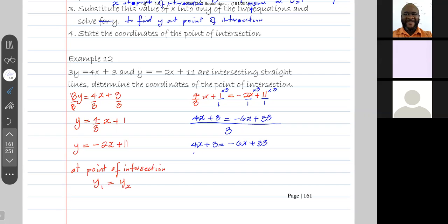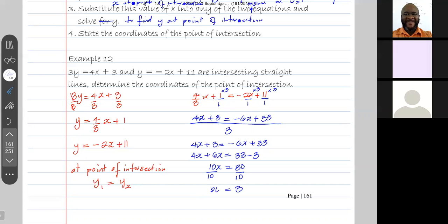So I'm going to have 4x plus 6x is equal to 33 minus 3. 10x is equal to 30. Divide both sides by 10. When I do, I'm going to end up with x is equal to 3.